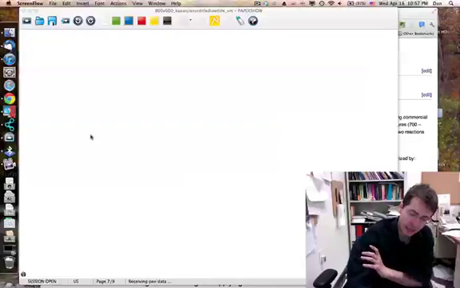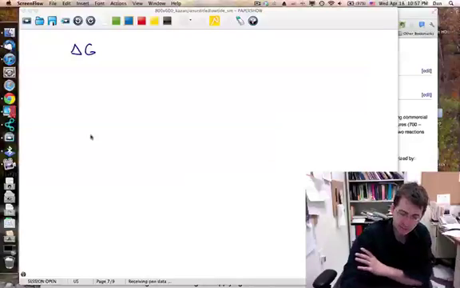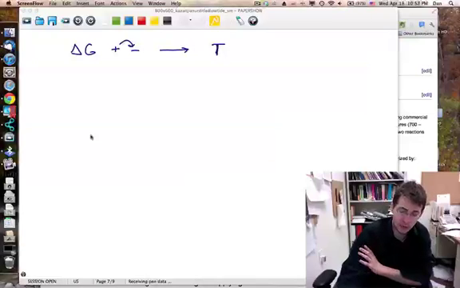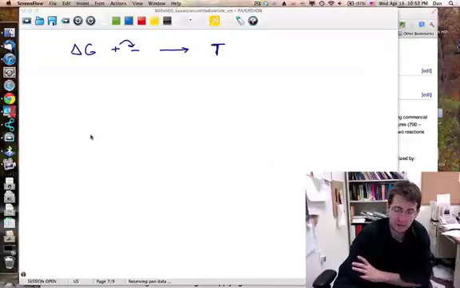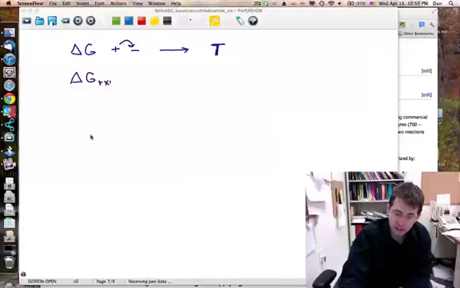We can make a reaction spontaneous, go from a positive value to a negative one, in one of 2 ways. At the moment, we can talk about changing the temperature, and that's a special case. That only works if there are situations where it actually undergoes an inflection point, or we can alter the concentrations.